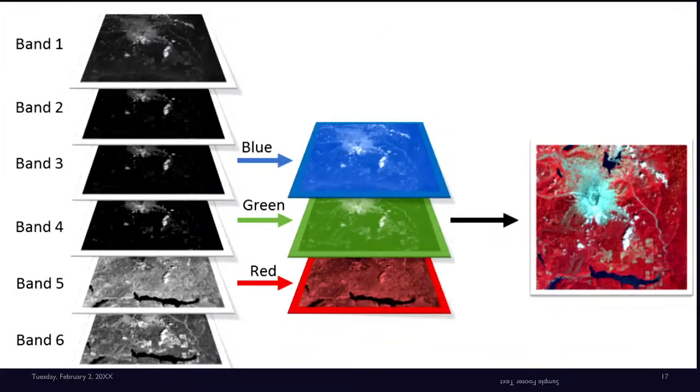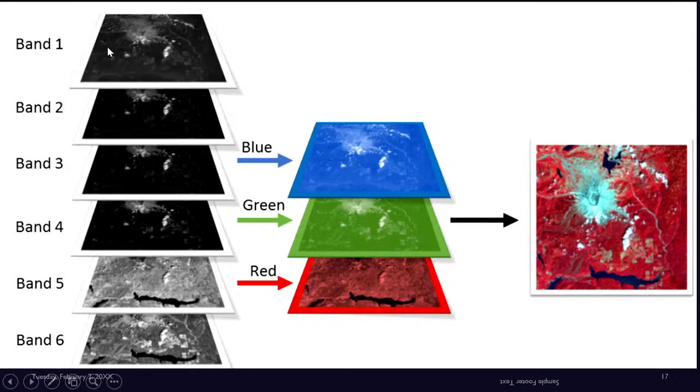As I explained here, suppose our instrument or sensor has the facility to capture EM energy in maybe 5 or 6 bands. Out of these 6 bands, we can select any 3 bands, because our display can combine only 3 bands together, to be represented as blue, green, or red.